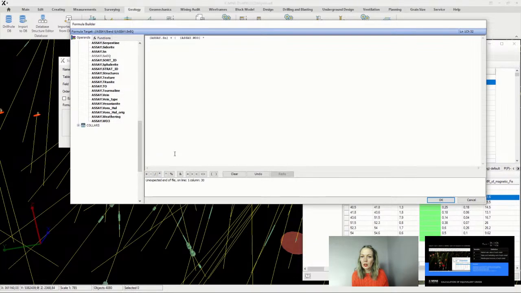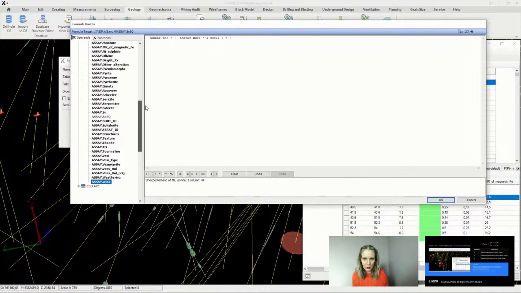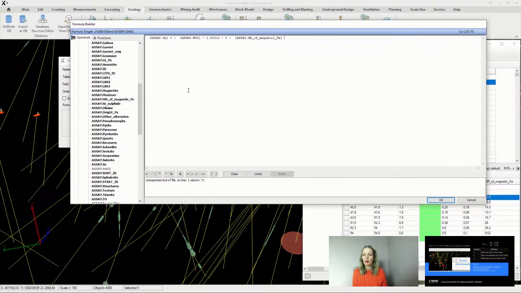These values help calculate the tin equivalent grade, providing a way to compare the combined values of tin, tungsten, and magnetic recovery percentage of magnetic iron in terms of their contribution to the overall value. So the result of the calculation is saved in the column tin equivalent.